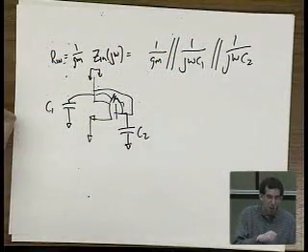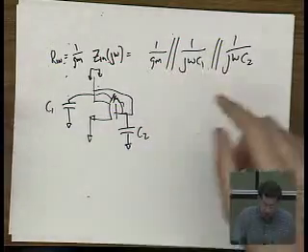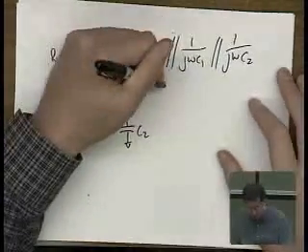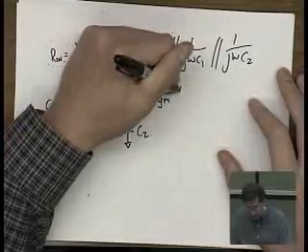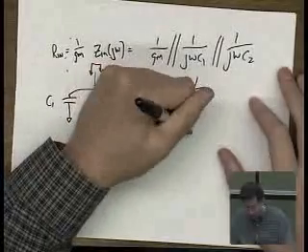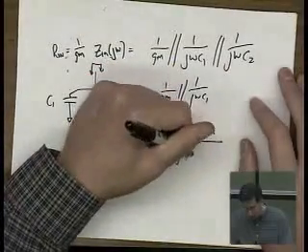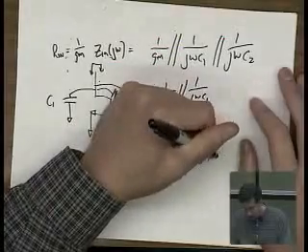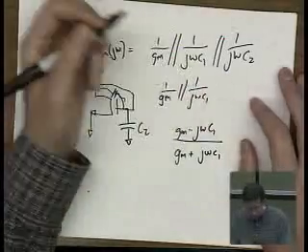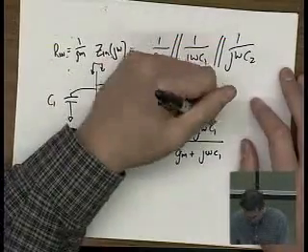Okay. So what ends up happening is that, when you calculate that out, let's just say 1 over GM parallel 1 over j omega C1. So that's GM times j omega C1 over GM plus j omega C1, right? Did I do that right?